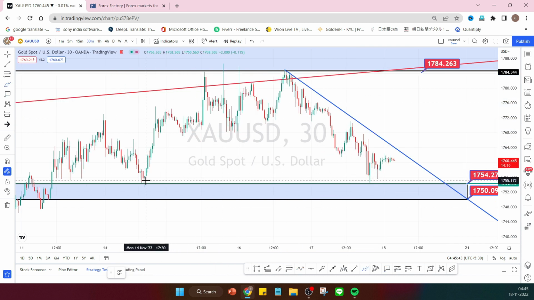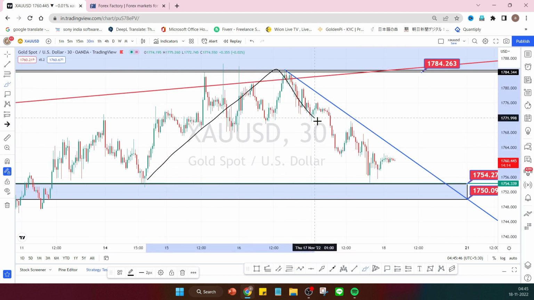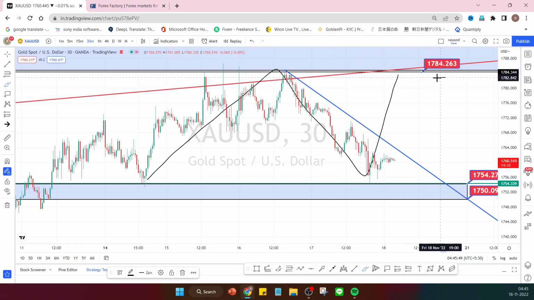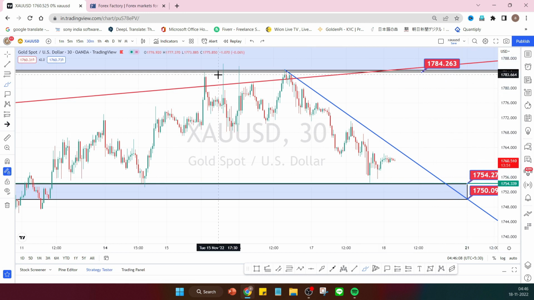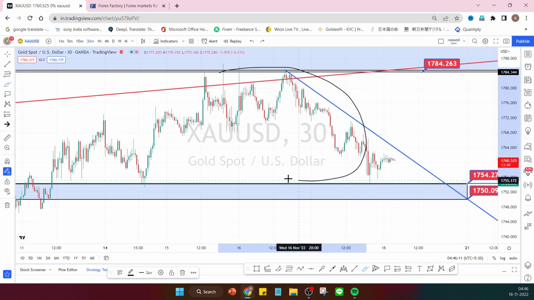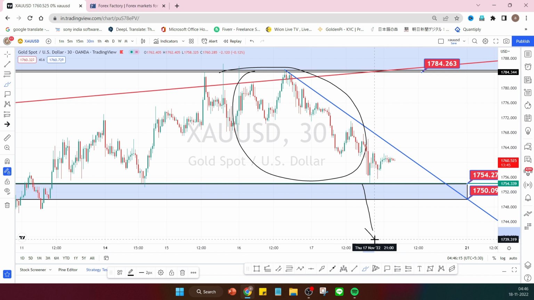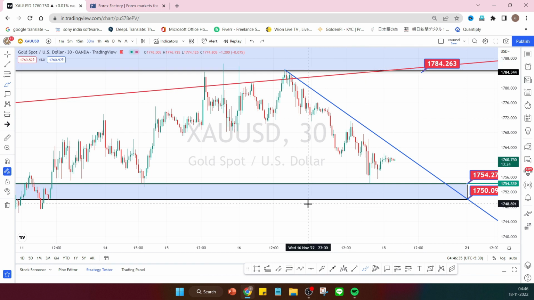And for now, the current price action in 30 minutes time frame is also under a consolidation within the resistance level of 1784 and support level of 1754. And only when the price action breaks this consolidation, we can expect a directional momentum on the bearish side or on the bullish side based on the direction of the breakout. Let us mark the support and resistance level.